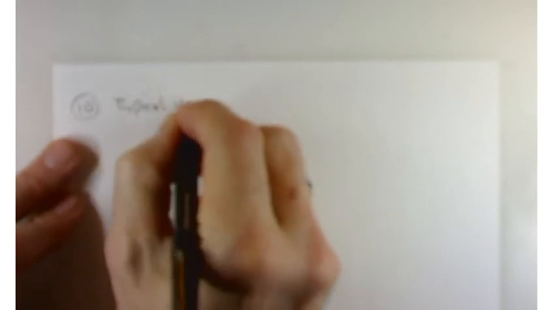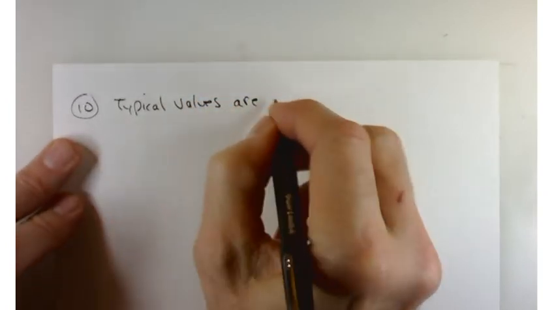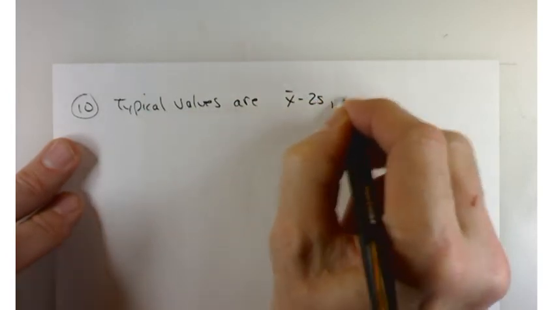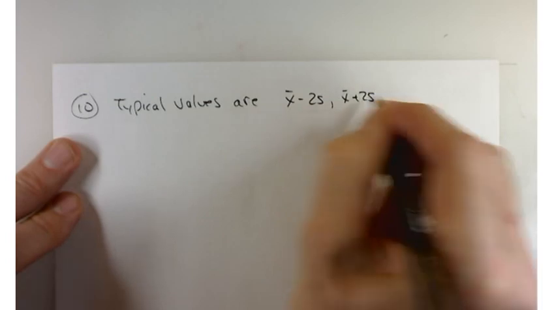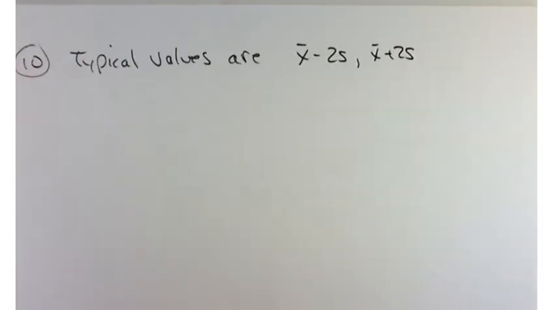So the typical values are going to be within 2 standard deviations. So typical values are x bar minus 2 times the sigma and x bar plus 2 times standard deviation. I said sigma, that's just habit.